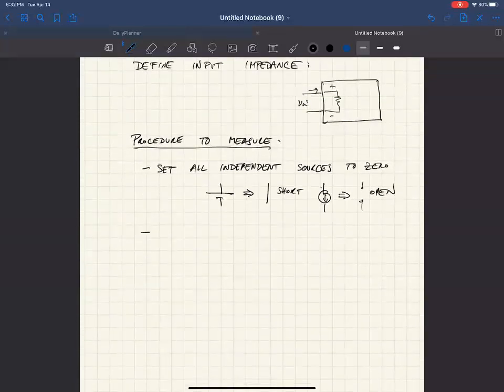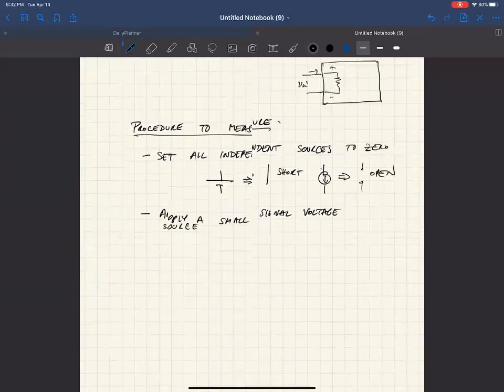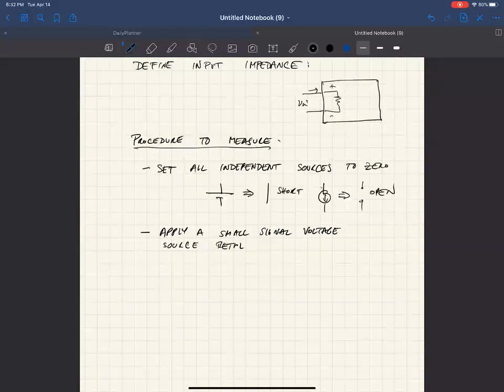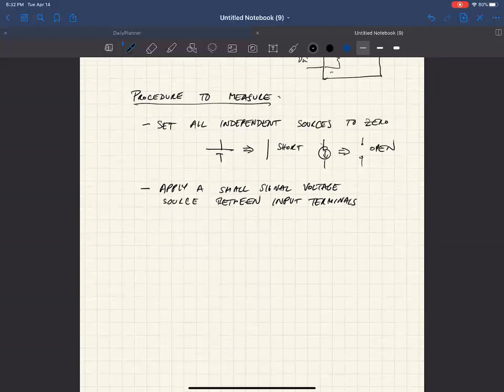Then we apply a small signal voltage source, a perfect voltage source between the input terminals, and then we calculate the current supplied by the source.